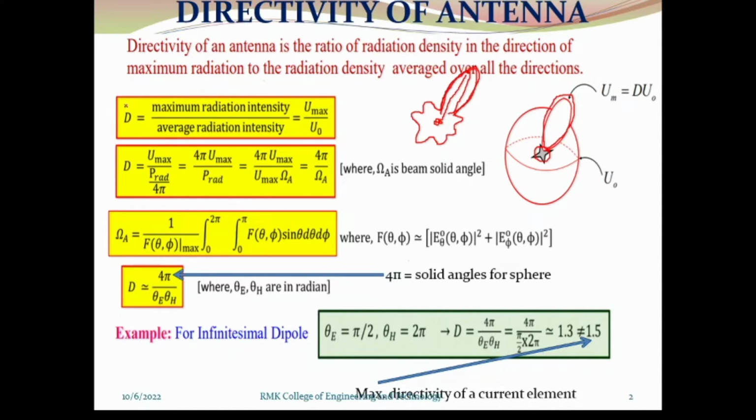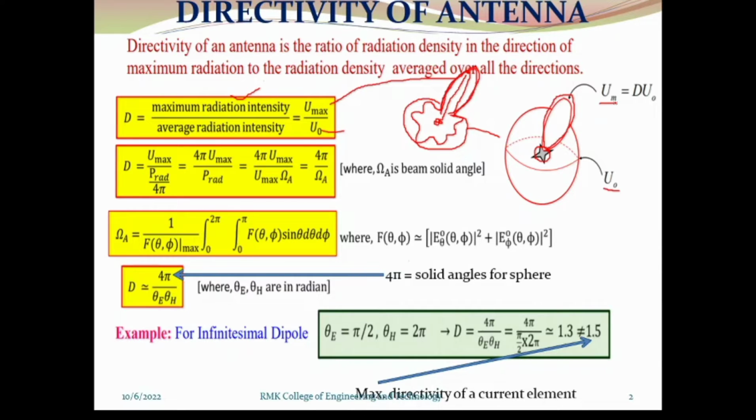So how can we formulate this with some equations? Directivity is equal to the maximum radiation intensity to the average radiation intensity, that is Umax to U0, where U0 is the average power transmitted in all other directions. The same diagram is represented over here. So U0 is the average radiation intensity, where Umax is the maximum radiation intensity.